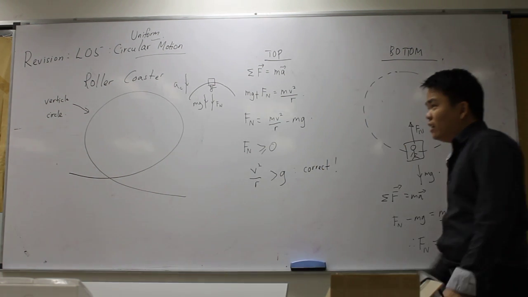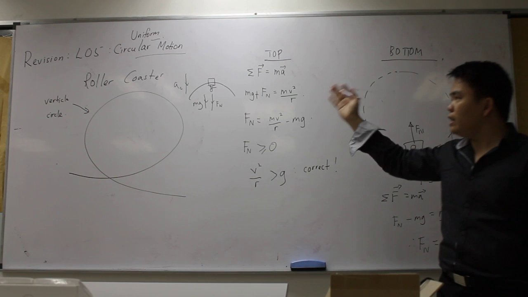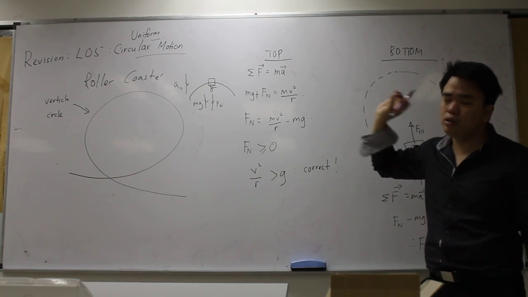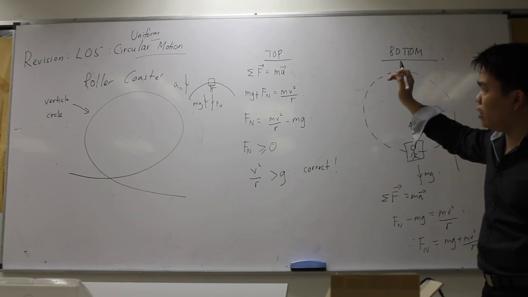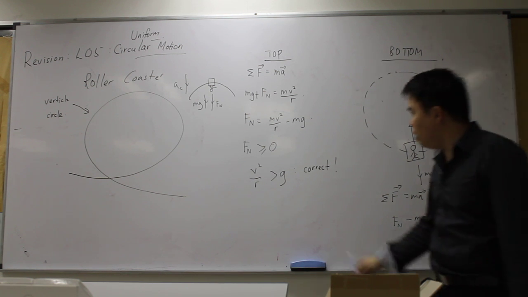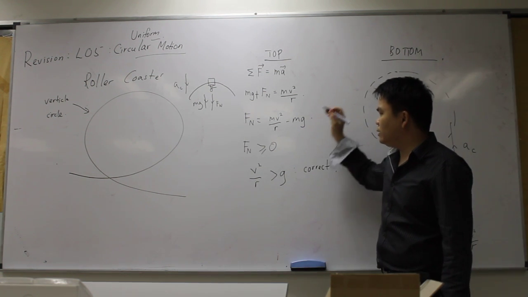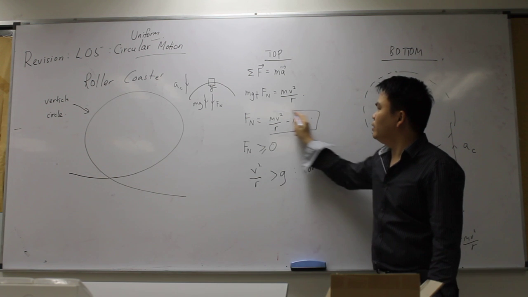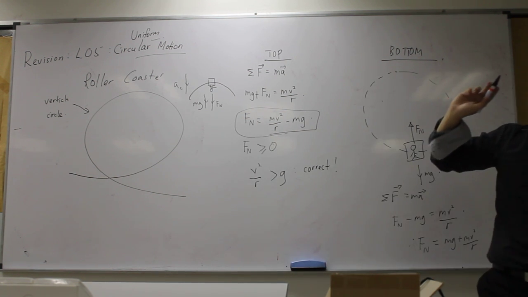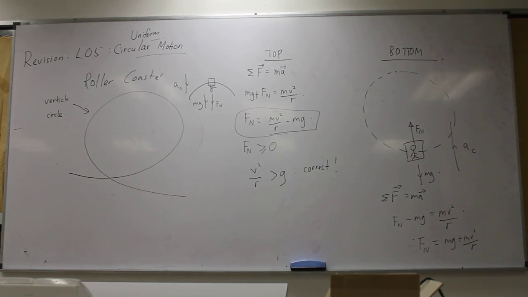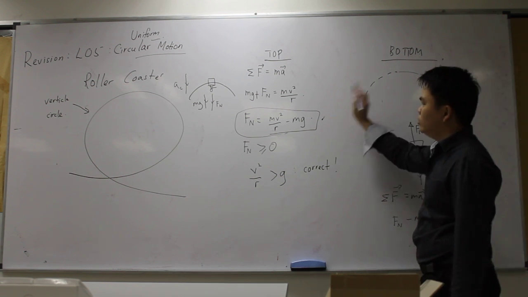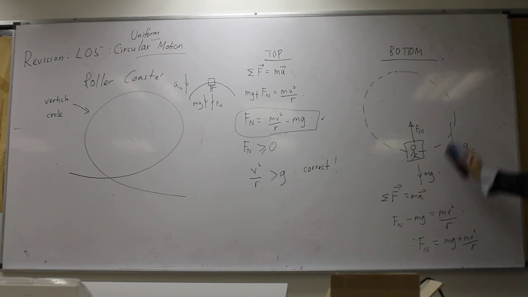So if you compare the roller coaster and the Ferris wheel, the concept is the same. We still use the circular motion theory and also Newton's second law, but when we investigate, it gives you a different formula. Again, that's why I said that in circular motion, we never memorize the final formula, which is useless.